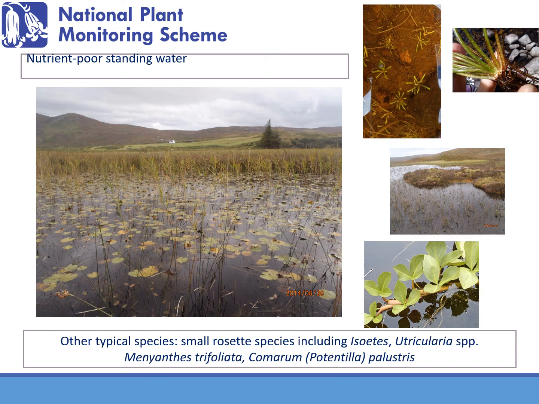Other typical species that might be associated with nutrient poor lakes are shown on the right hand side of the slide, and at the top we have Lobelia dortmanna. This is one of our rosette species which doesn't have runners. The leaves are slightly recurved, they're more rounded at the tips, and if we snapped a leaf and looked at it in cross section we would see 2 hollow parallel tubes.